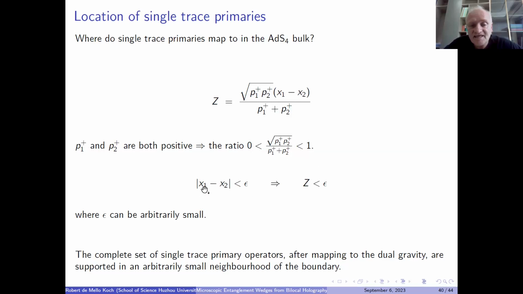So if we restrict |x1 minus x2| to be less than epsilon, that means that z itself is restricted to be less than epsilon. So the conclusion is that the complete set of single trace primaries, after mapping to the dual gravity, are supported in an arbitrarily small neighborhood of the boundary. That's where all of the single trace primaries map to.